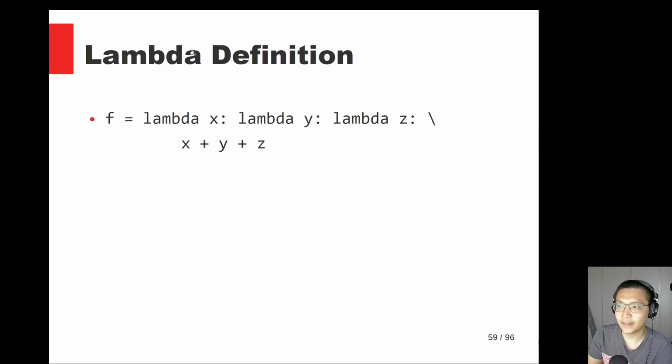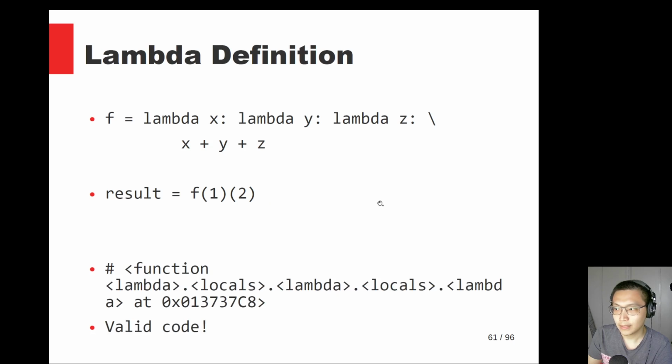On the other hand, if you use the lambda notation definition, f accepts input x, input y, input z, and returns x plus y plus z. Then if you call f 1 2 3, it gives you 6. But if you give it only 2 inputs, it still compiles. f 1 2 will give you a result.